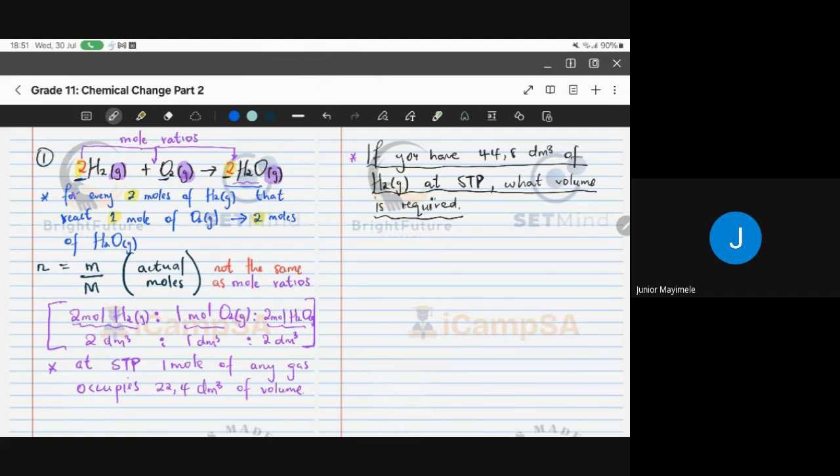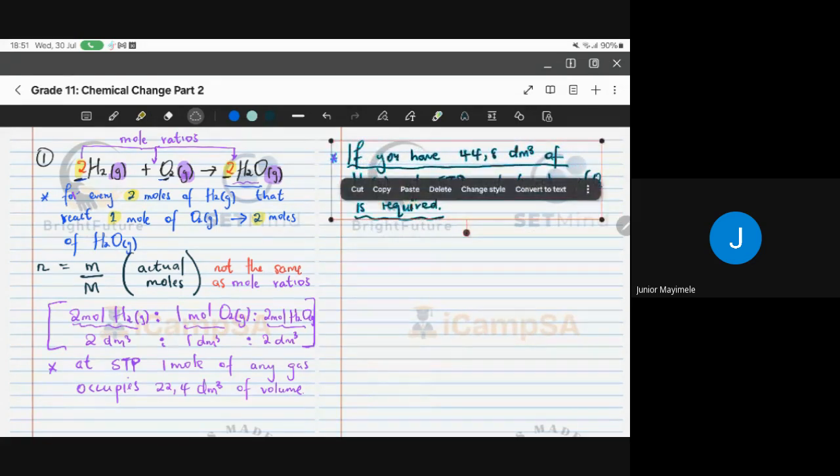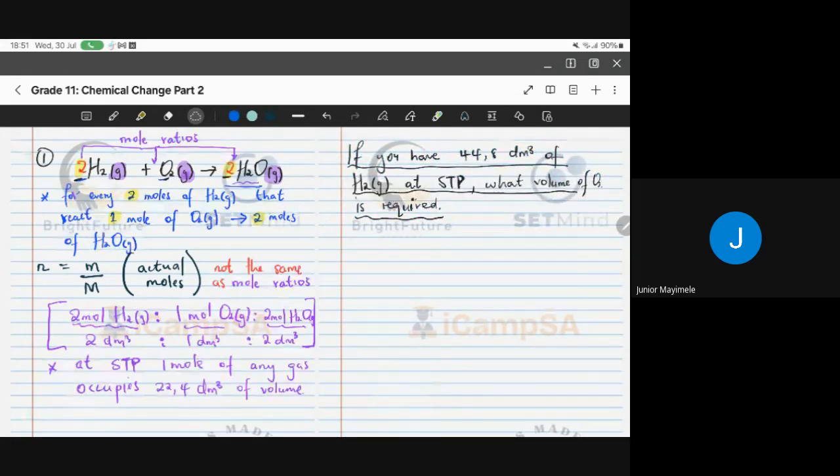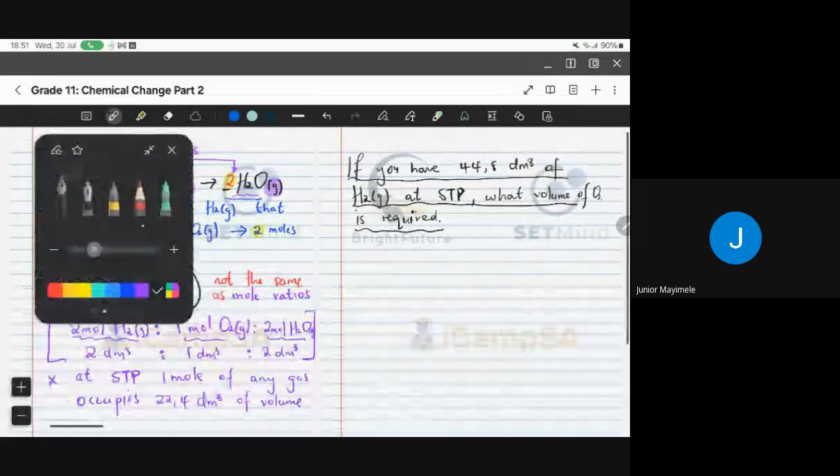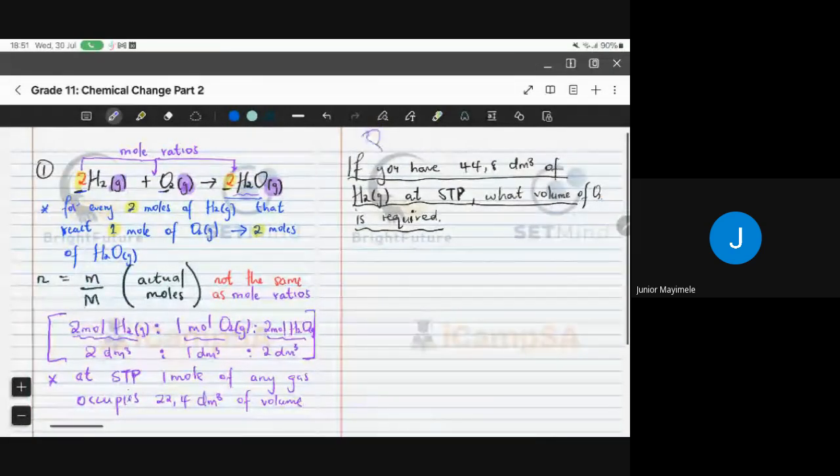What's the volume of oxygen that is required? Okay, I forgot to add my oxygen here. Sorry, guys. What volume O2? Don't think you'll be able to see that. Let's do this and say, quick example.